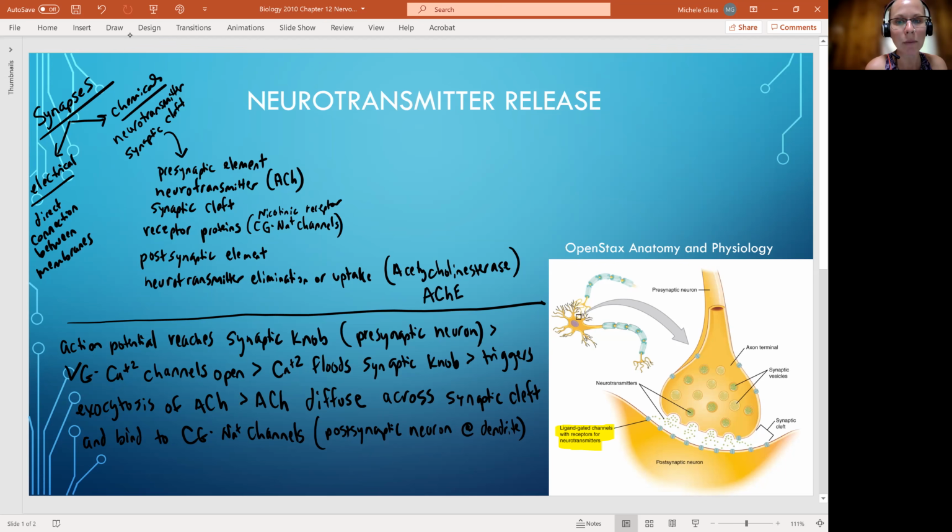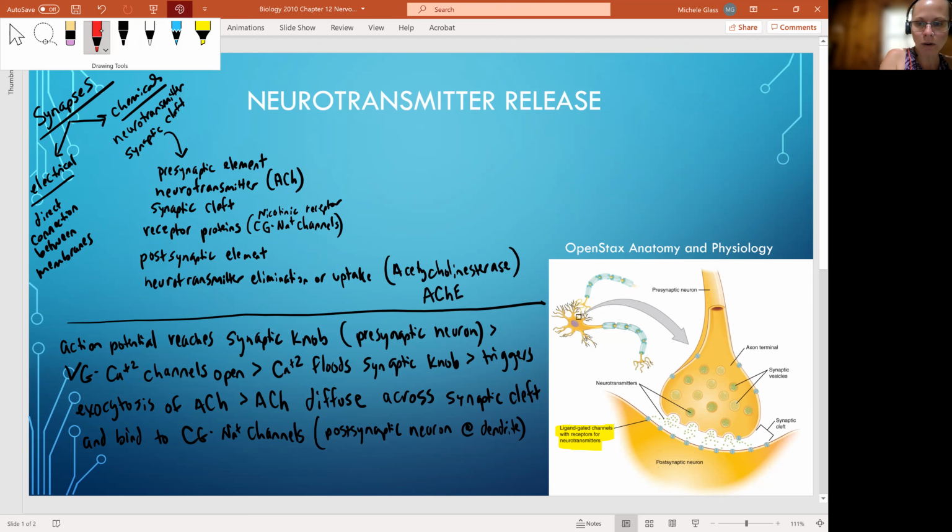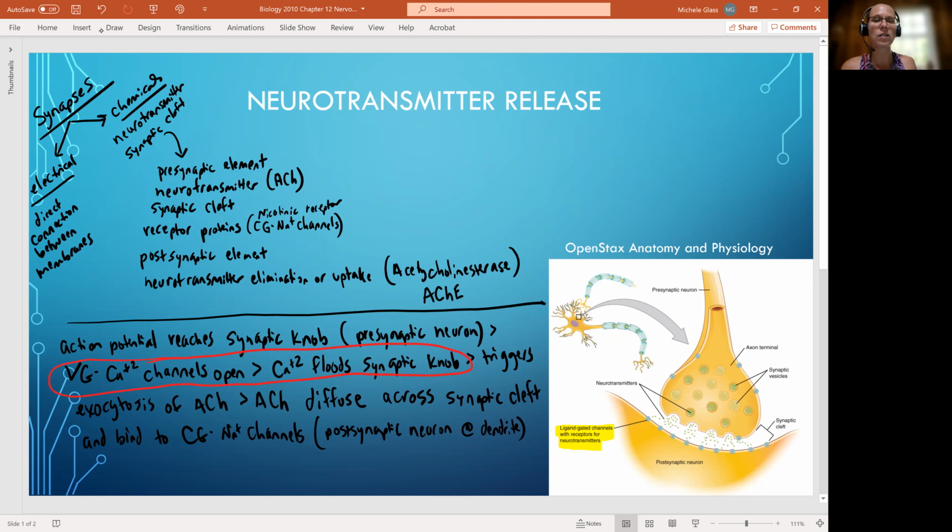So we knew this already, but what we maybe didn't know was the role of calcium ion. So make sure that you are paying attention to the role of the calcium ion in this exocytosis. And that links us back to the conversation we had in chapter 6 about calcium regulation.